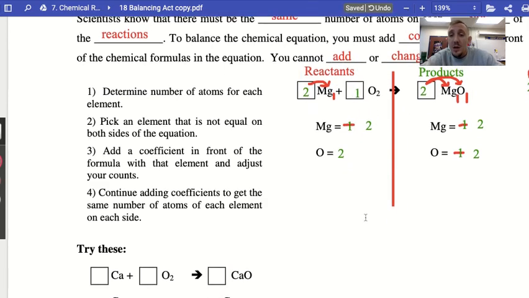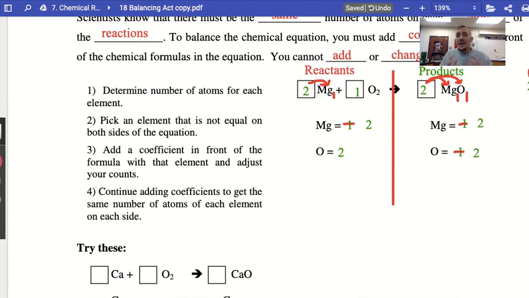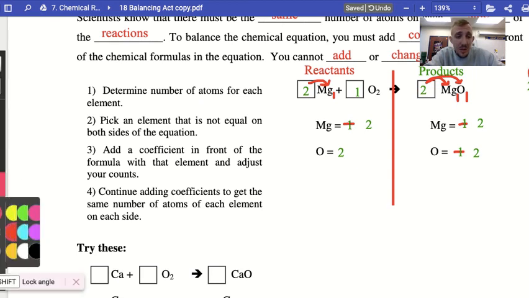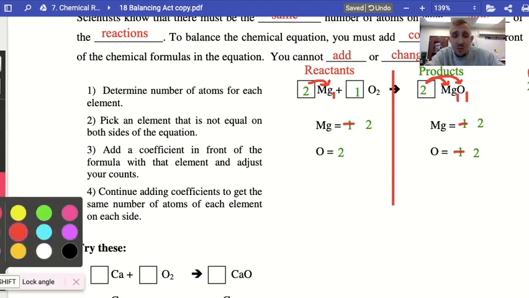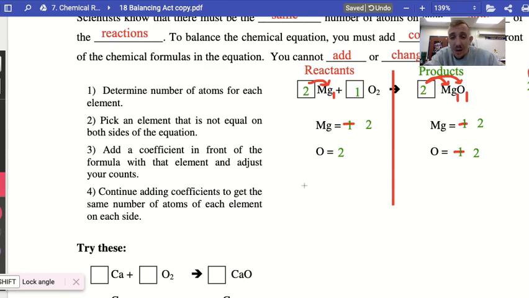And so I'm going to go ahead and draw this out for you guys so you guys can understand what's happening. Okay, so we have a magnesium here, and so I'm going to go ahead and draw my magnesiums as red. So I have a red magnesium. I have a red magnesium here. Okay. And I also have another magnesium because it's saying I have 2 magnesiums.